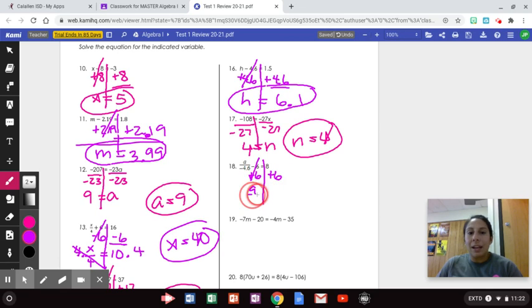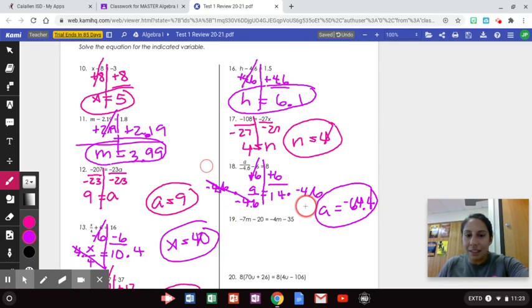So I end up with a over negative 4.6 equals 8 plus 6, which is 14. Okay, then we multiply because the opposite of dividing by negative 4.6 is to multiply by negative 4.6. So a is going to be equal to negative 64.4.